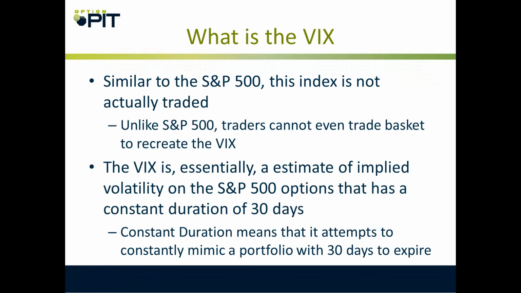However, unlike the S&P, you can't even create a basket that will track VIX. There's really nothing that trades exactly like the VIX index itself. It's its own thing. You can't go out and say, I want to buy the VIX cash index. It's impossible.